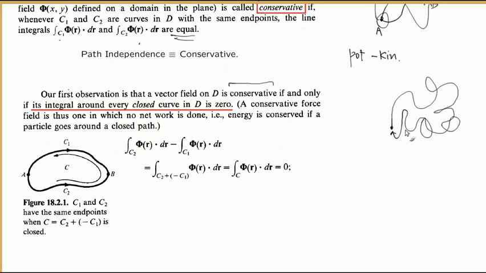That's a closed curve, not starting here and ending up somewhere else. So a closed curve is starting, doing all the crazy things, and coming back here. That's a closed curve. They're claiming it's the same thing. Conservative is the same as the integral around every closed curve being 0.